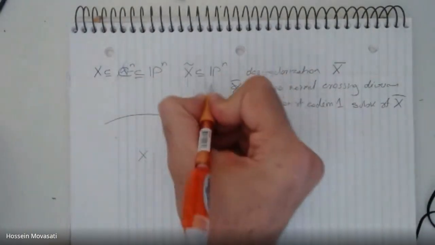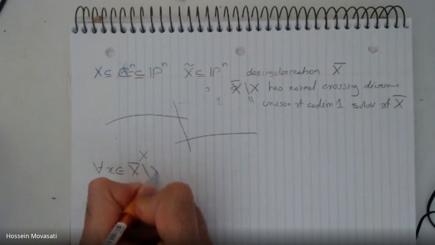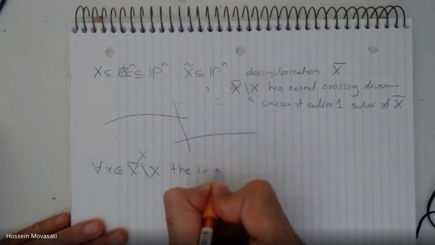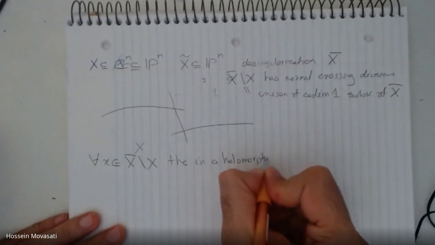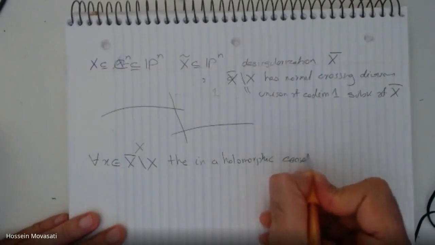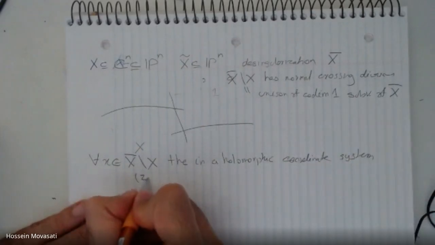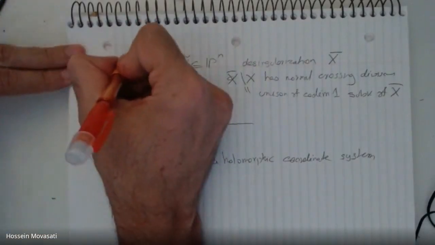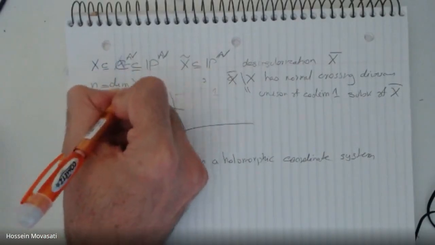Anyway, if I take any point, then there is a holomorphic coordinate system, let's say z1, z2, ..., zN, maybe I take capital N, because N for me is always the dimension of X, so N is the dimension of X.